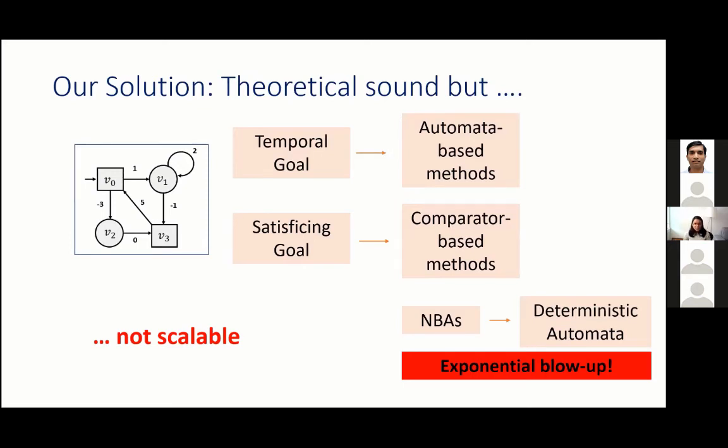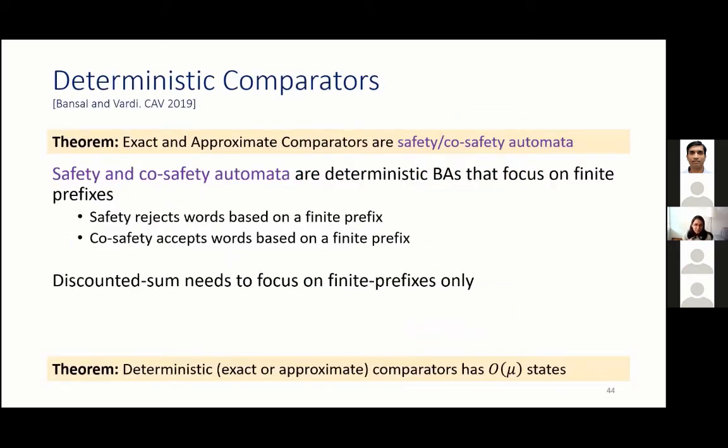So to remedy this, what we observe is that discounted sum has a very interesting property because of which we can show that comparators, be they exact or approximate, are actually safety or co-safety automata. And safety and co-safety automata are very specific kinds of Büchi automata which are deterministic.